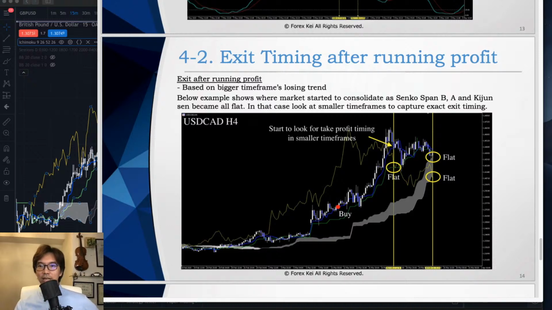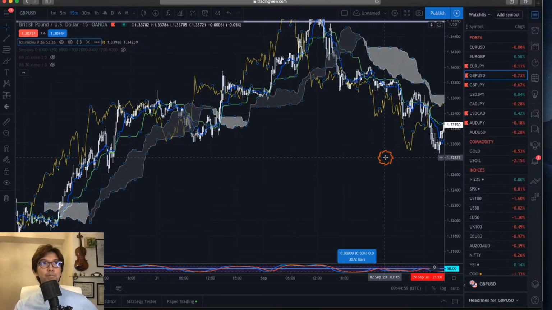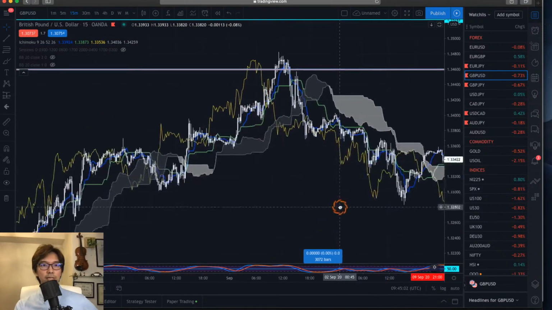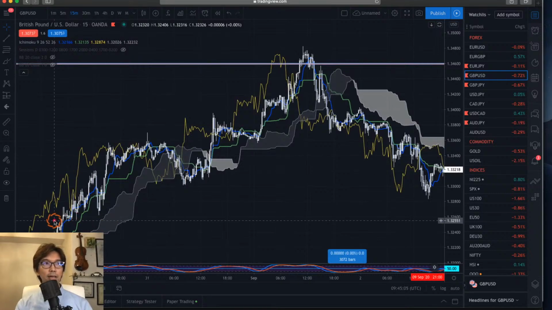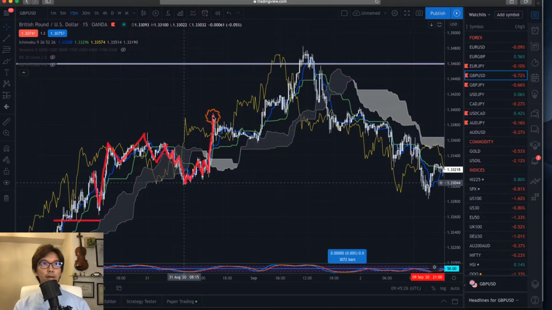Alright, Hendra, could you please tell us how to trail our running profits? So basically, I trail profits based on the wave analysis. In this 15-minute chart, in this example, if I take a buy here, then I look at the waves, and as long as it goes bullish in the wave, I keep trailing the profit. Once it goes bearish, once it goes backwards, I look for the exit timing, and afterwards it continues to go bullish on these bullish waves, and then I still keep trailing it.